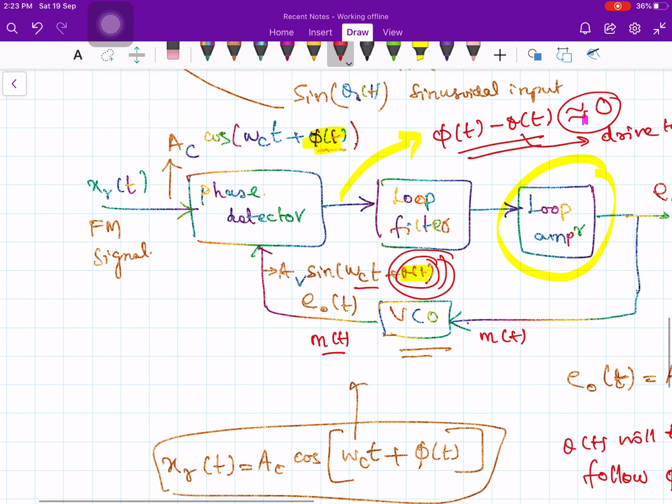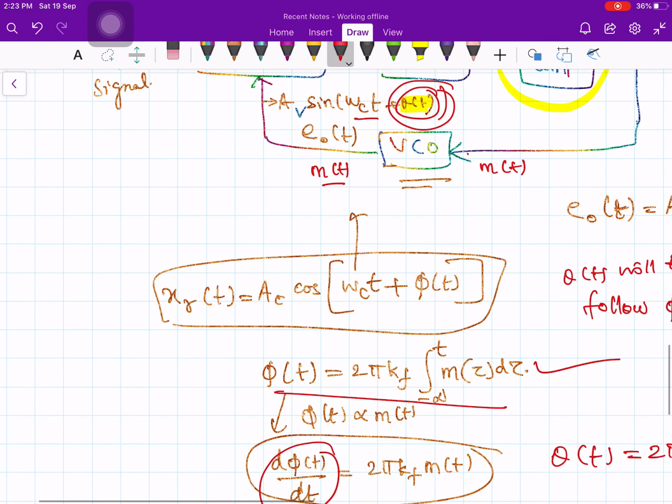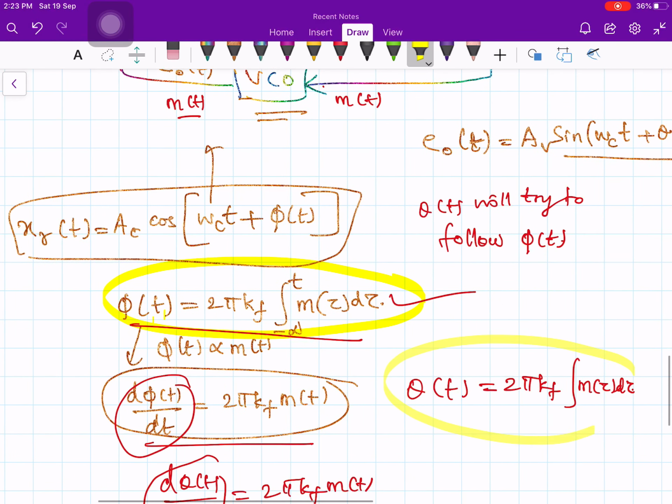Okay, so that's the basic idea. What we are saying is we will try to drive this error to 0. If you are trying to drive this error to 0, that means your theta of t follows the phi of t. Now what is phi of t? We have given this one, right? This is my phi of t. Now if theta of t follows phi of t, then theta of t also will be the same thing.